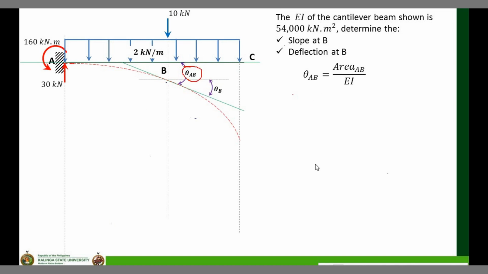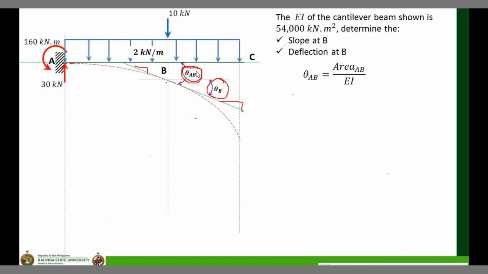If we look at the whole diagram, theta AB is equal to theta B. Why? Since the tangent line is passing through B, the slope at this point is the same as the slope at this point. Since the slopes are the same, therefore theta AB is equal to theta of B, the slope at B. So I need to get theta AB.